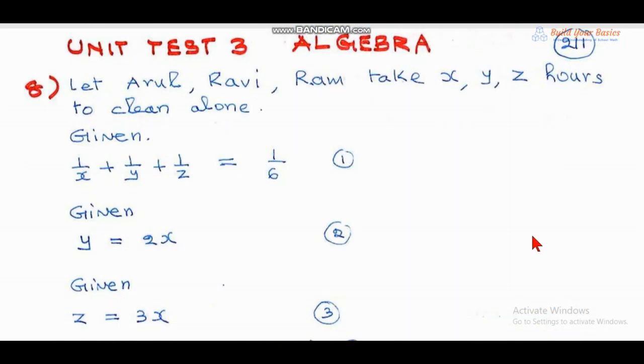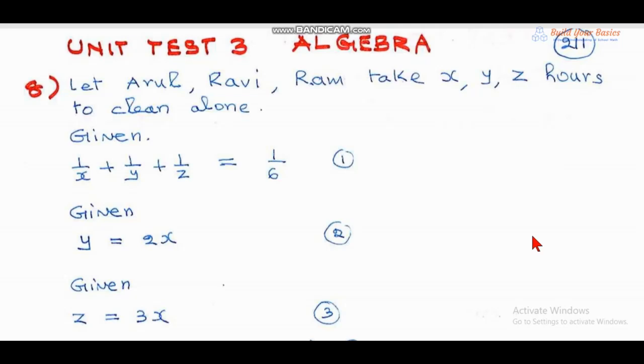Unit test 3, sum number 8. Arul, Ravi and Ram, 3 persons working together, can clean a store in 6 hours. If they work together, they can clean in 6 hours.